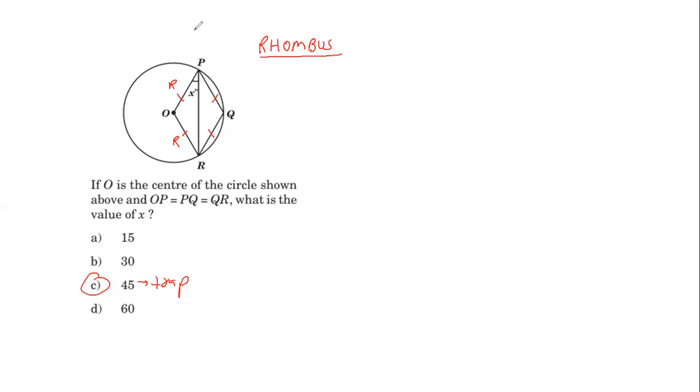Then let's understand how we solve it. I'm just quickly drawing the figure again. Here, this is the center, and this is OP, PQ, QR, and OR.